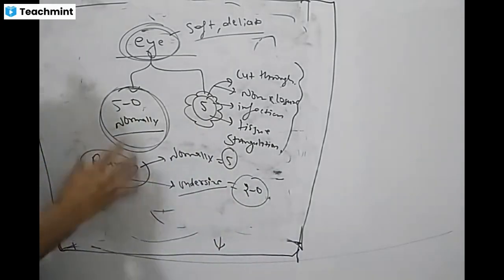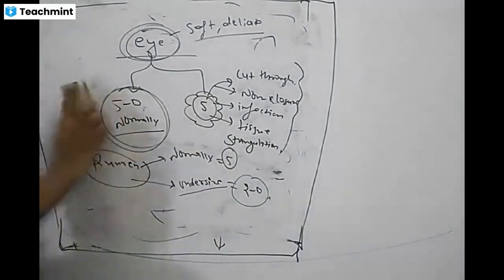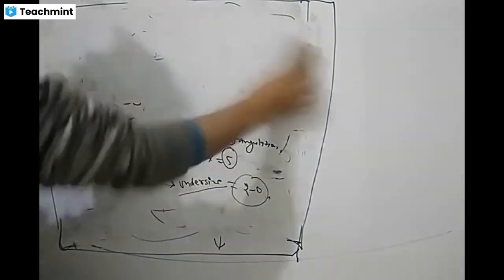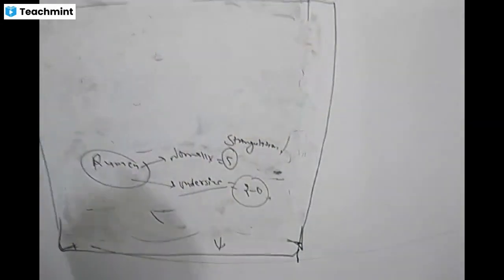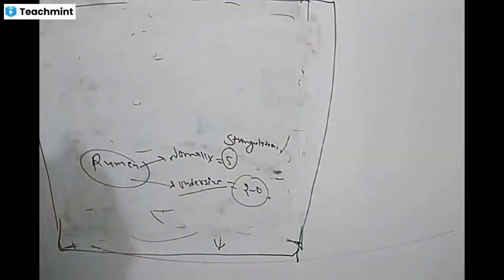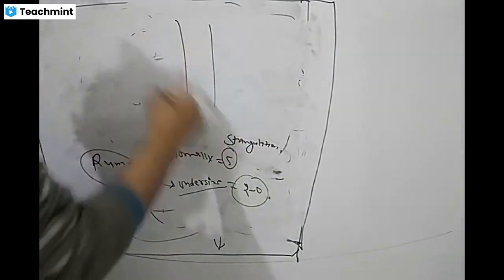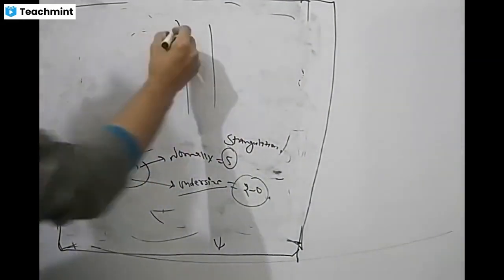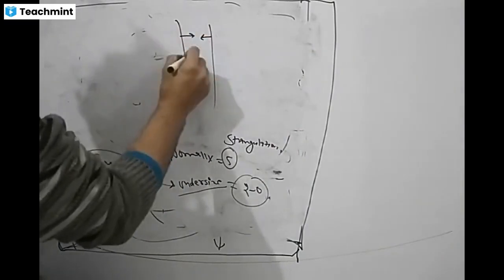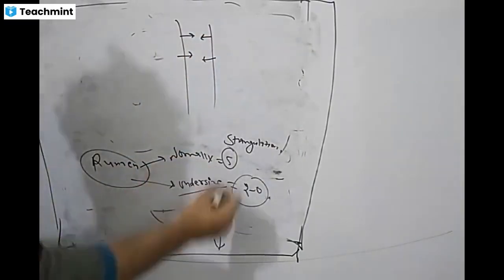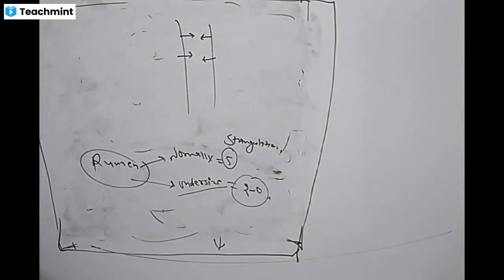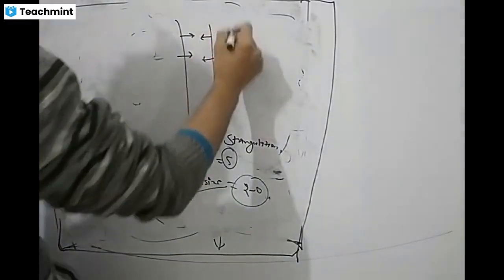This rumen structure needs the size of the number 5 catgut and you are using 2-0. These are the two edges where you want apposition, but you are using undersized suture material, that is 2-0. So what will happen?